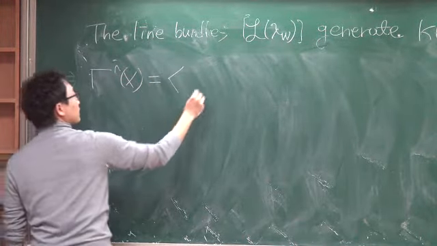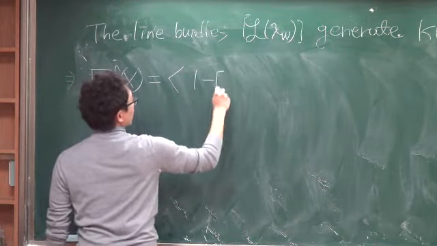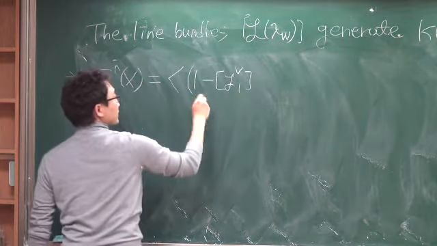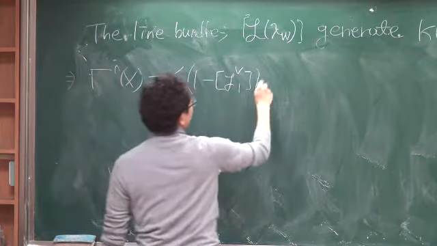It is just generated by products of duals of line bundles.